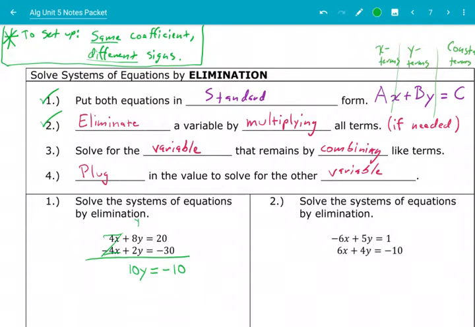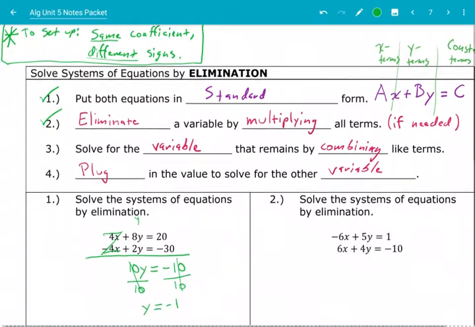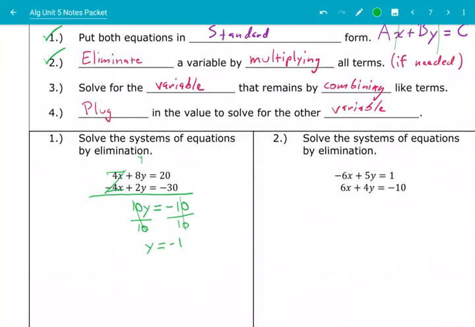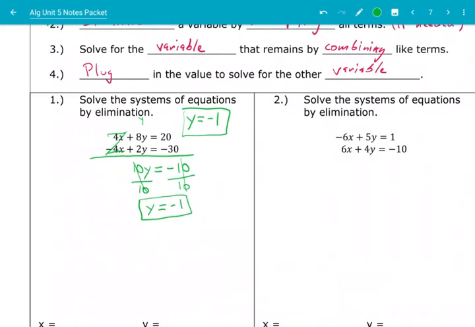So now all I have left is to solve for y. It's being multiplied by 10 right now, so I'm going to unmultiply it. Divided by 10, that goes to 1, and this is negative 1. So y equals negative 1. That's step 3 done.